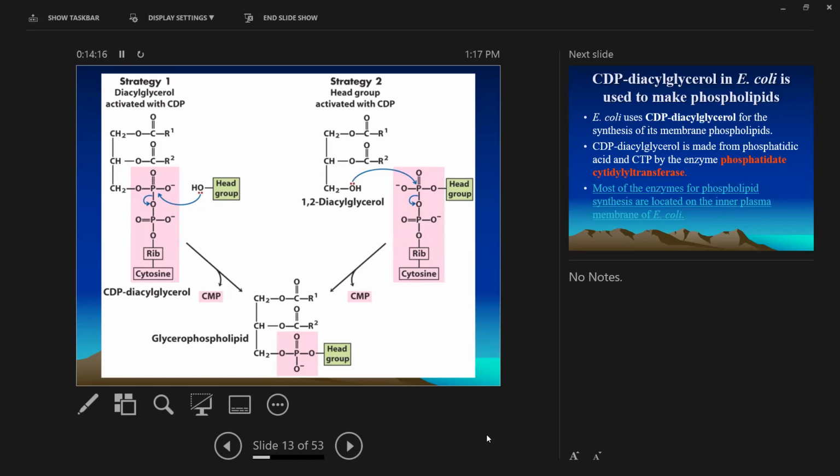That's a good leaving group, very stable, with lots of potential resonance stabilization. Or you can use CDP to represent the head group, and then in this case the diacylglycerol will attack this phosphate, enter the head group, and displace a cytosine monophosphate. Either way, you end up with a glycerol phospholipid. Either way, same thing.